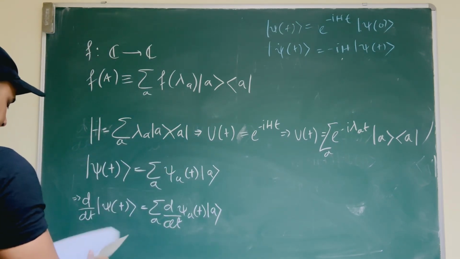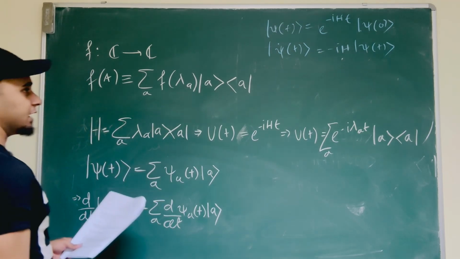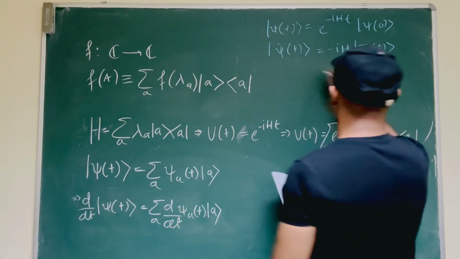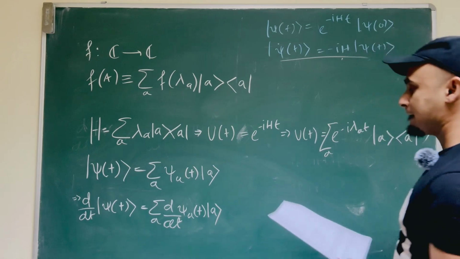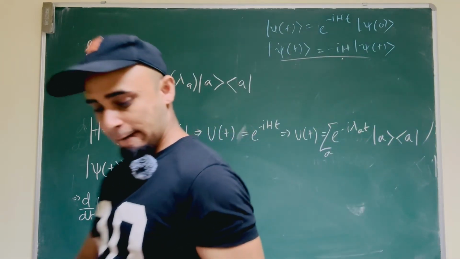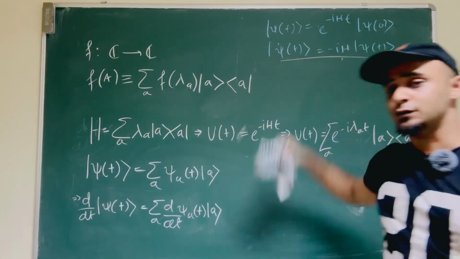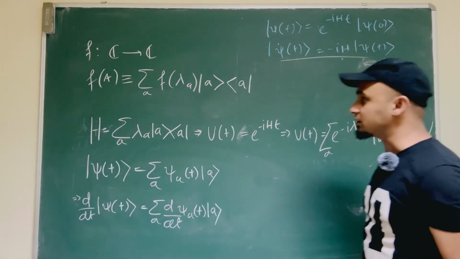So that's what we did for the left hand side of the Schrodinger equation. Now we're going to deal with the right hand side.